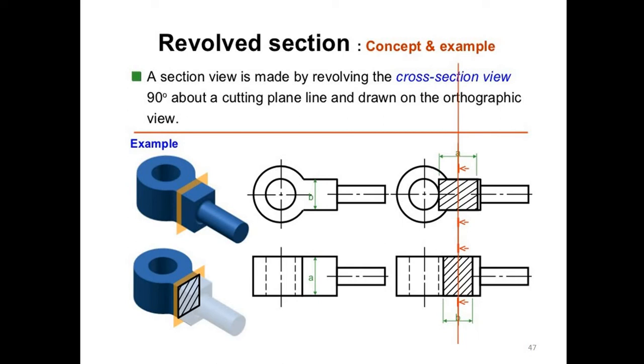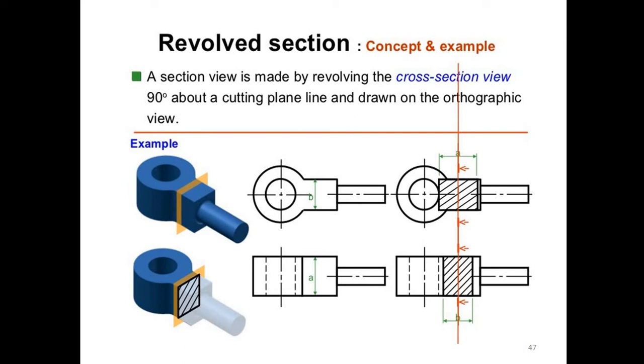When that cutting plane is shown in the center, considering the top view of that isometric view, when it is cut, its width is shown by the dotted lines.